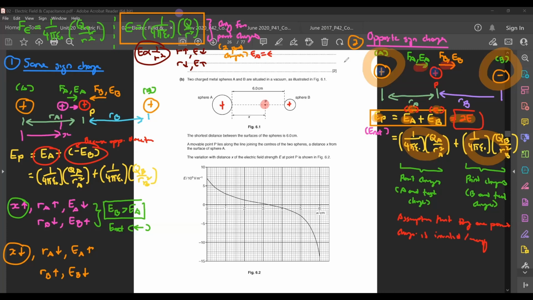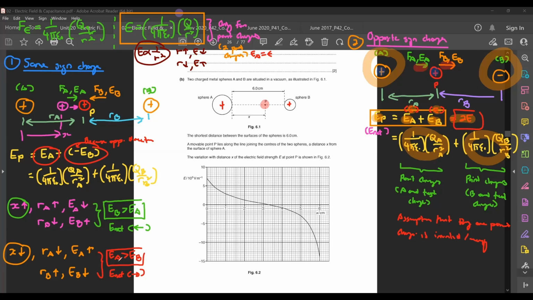So in my case here, this would mean that EA is now more than EB, so that my ENet is actually towards the right. Okay. So then if you consider these two effects, there's EB more than EA, so that ENet is towards the left. There's EA more than EB, so that ENet is towards the right.